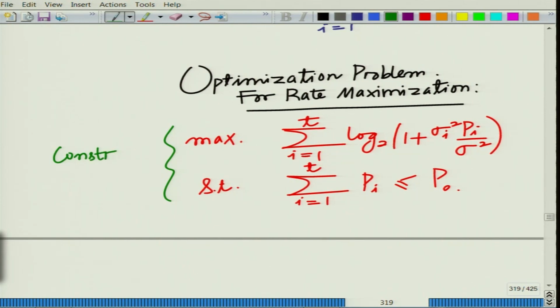if you remember, this is a constrained optimization problem, all right, summation of p_i less than or equal to P naught.